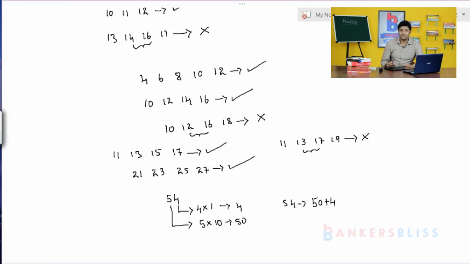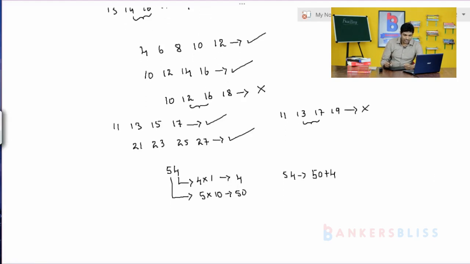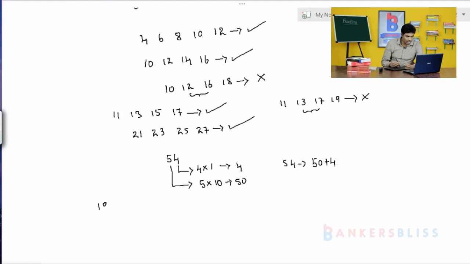Okay, next you may consider one more number. See here, the number is 1984. So 4 is in the unit place, so it is represented as 4 into 1. 8 is in the 10th place, so it is represented as 8 into 10.